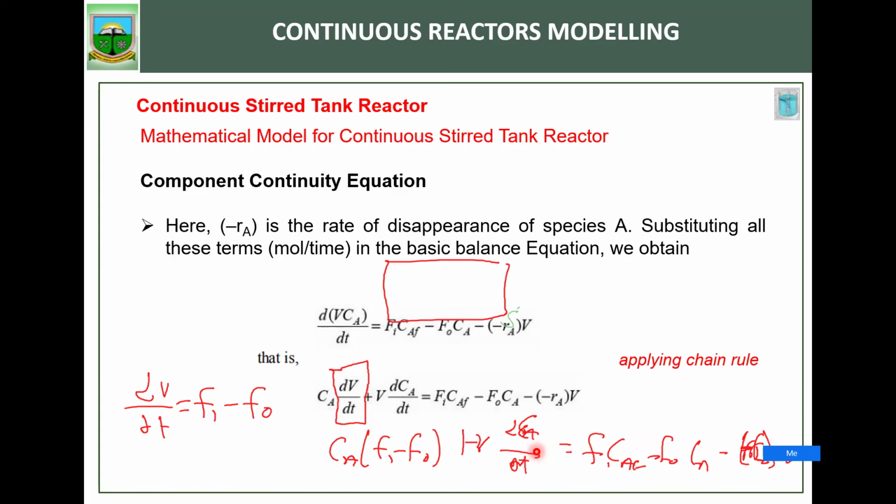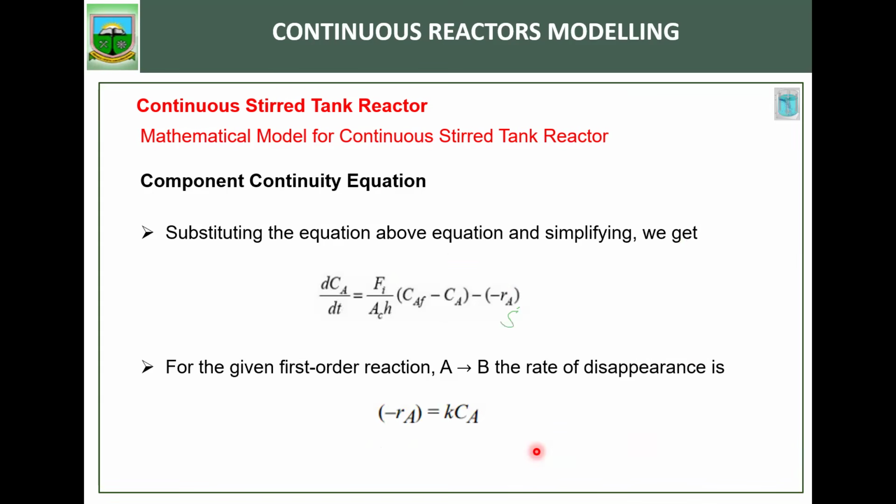Then you make this the sum. That gives you the quantity. So when you do that, you're going to have this equation for the CCE, that's the component continuity equation for A. And we know that this reaction rate here is equal to this, so you replace it.